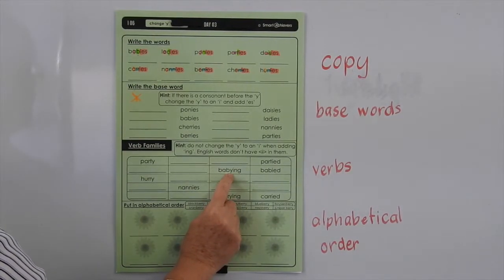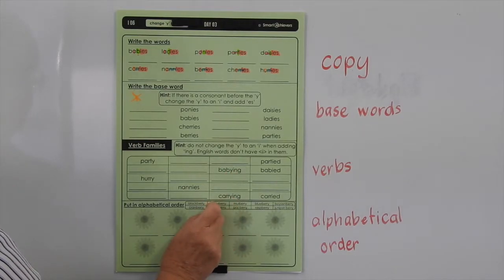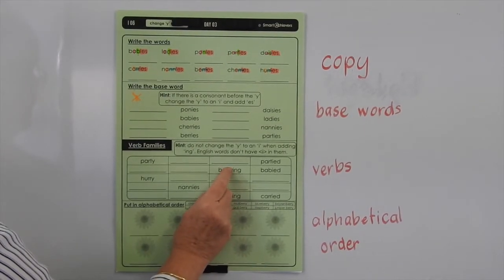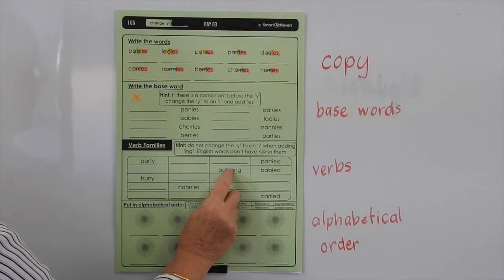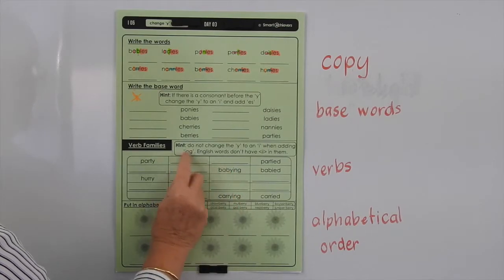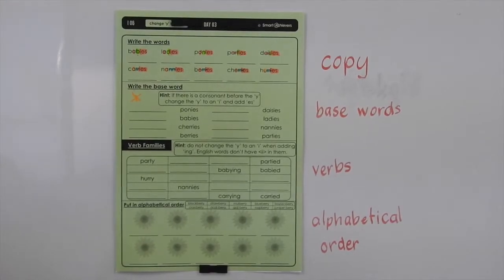If we changed it to an I, we just can't have double I in an English word. You can't get rid of that sound too. You can't go babbing, so you've got to have the E sound there. So the Y needs to stay in there for that E sound at the end of that word.